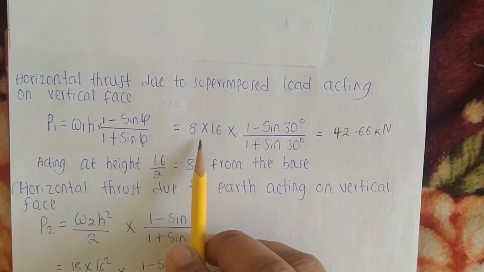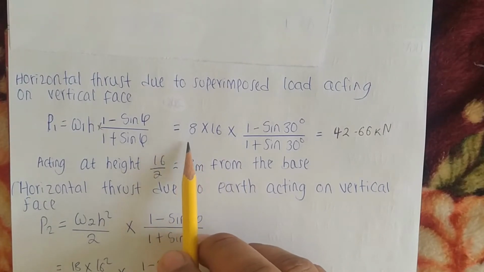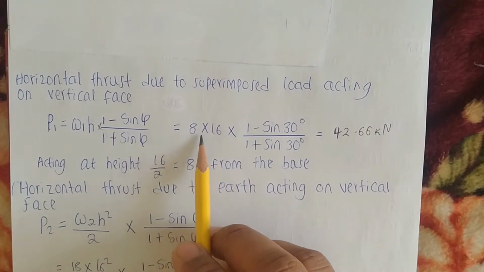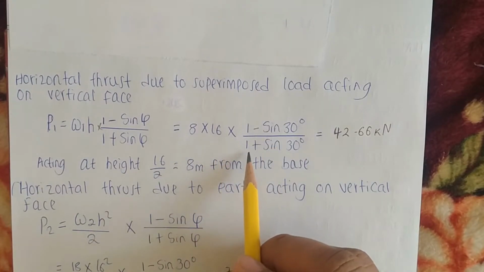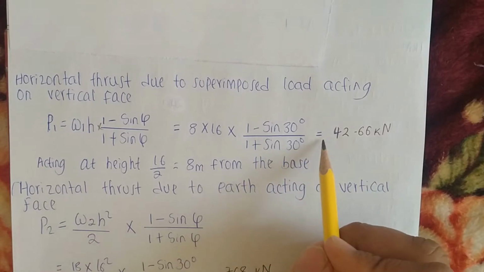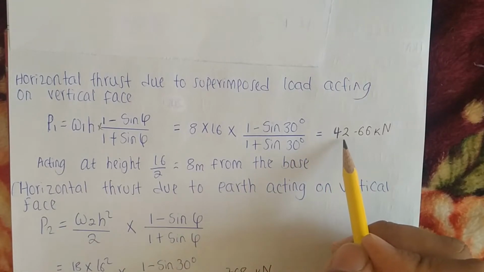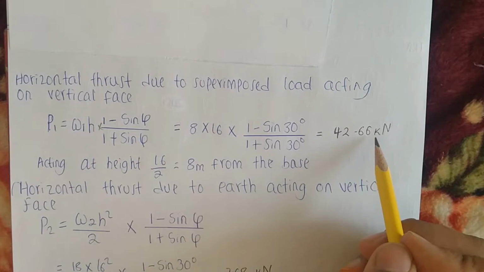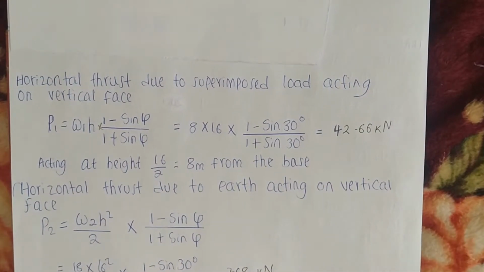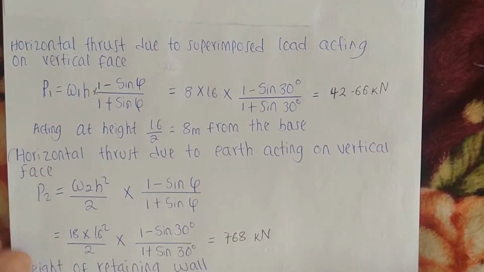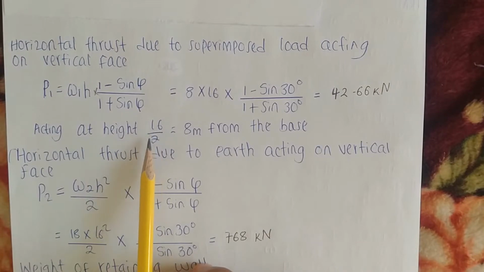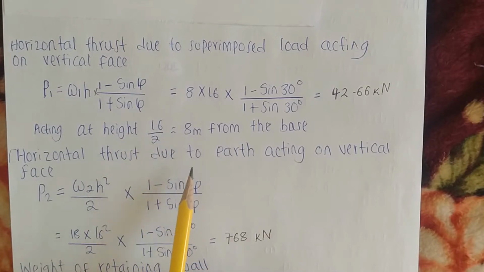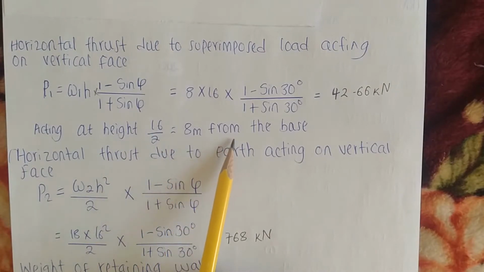Here I have just replaced the values. So it's 8 times 16 times (1 minus sine 30) all over (1 plus sine 30). Your answer will be 42.66 kilonewtons. This will act at the center, so it acts at a height of 16 over 2, which is equal to 8 meters from the base.